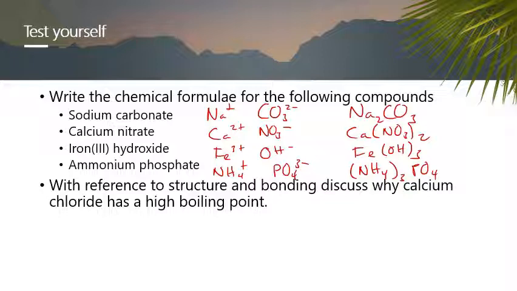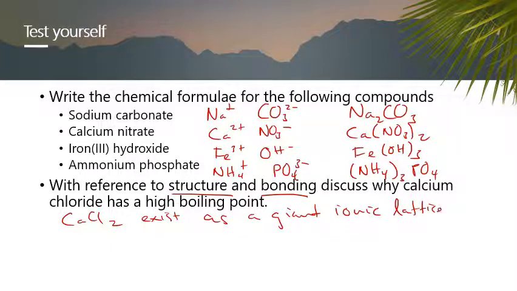This question requires both structure and bonding. So what's the structure? So I write CaCl2 exists as a giant ionic lattice structure. Alright, now how do I explain high boiling point?